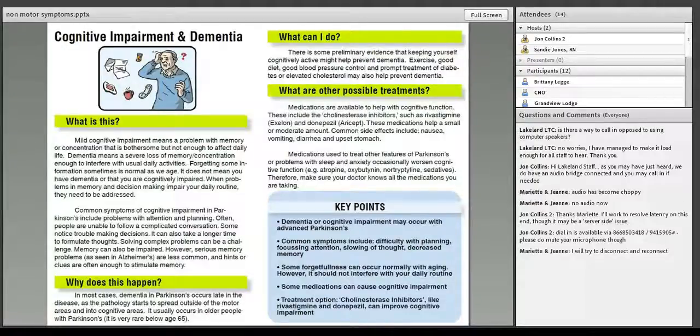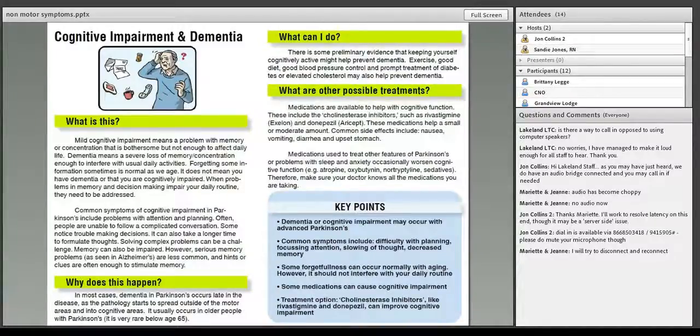So poor attention and concentration, poor perception abilities, as I said, it's often misunderstood with people with Parkinson's, again, because some of these cognitive issues mean that, for example, they can just have slow thought processes.